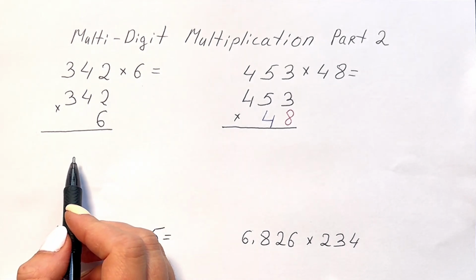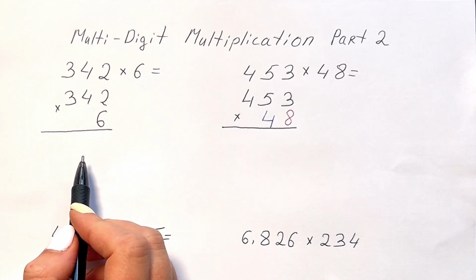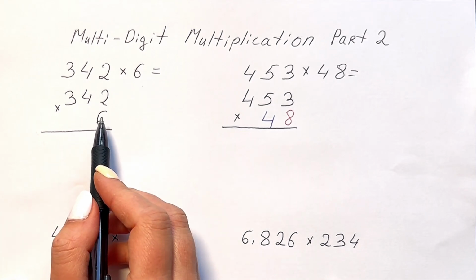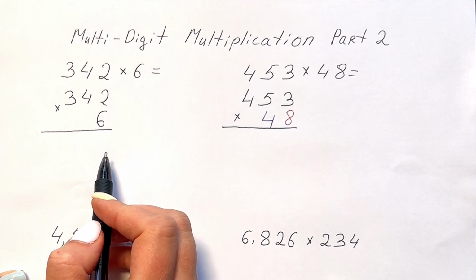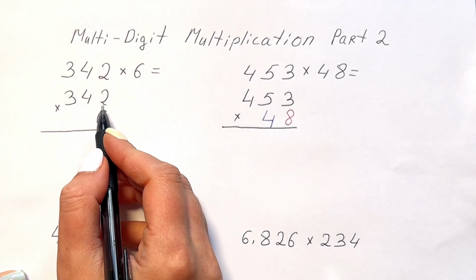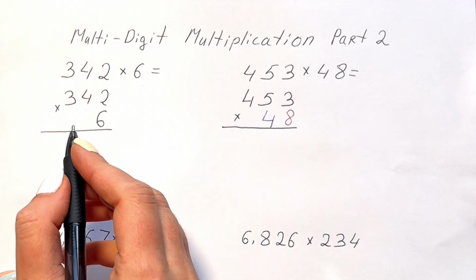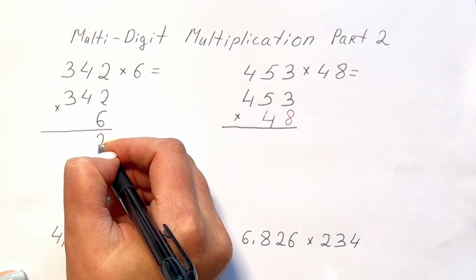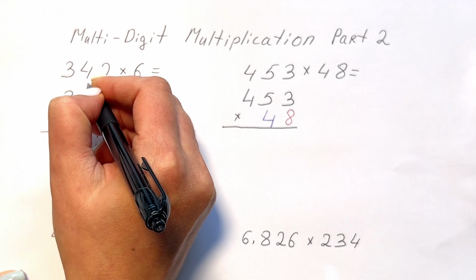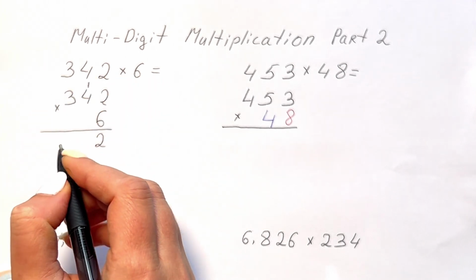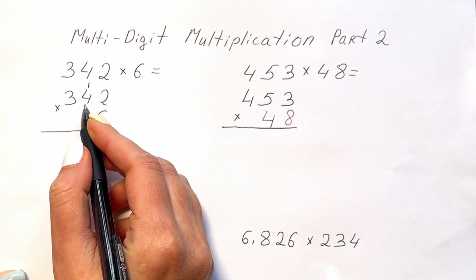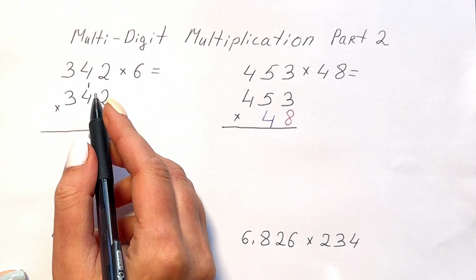For example, we learned in a previous lesson, 342 times 6. You already know how to do that. Let's just review it, okay? 6 times 2 is 12. We will put the 2 and carry 1 to the tens place. 6 times 4 is 24. 1 more will be 25.